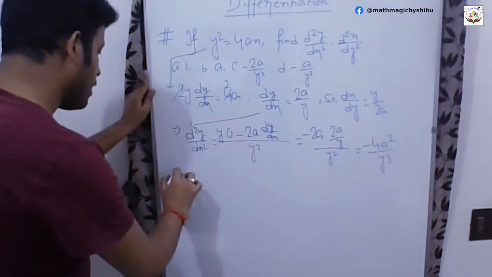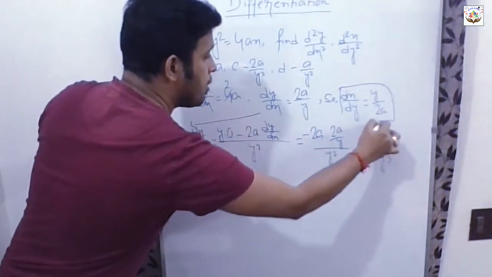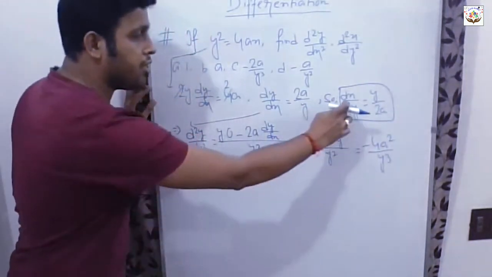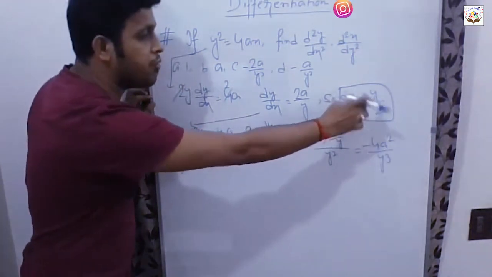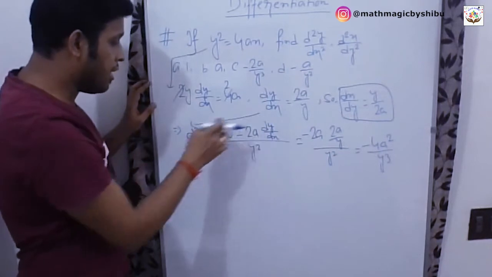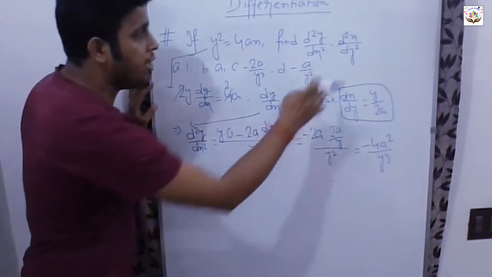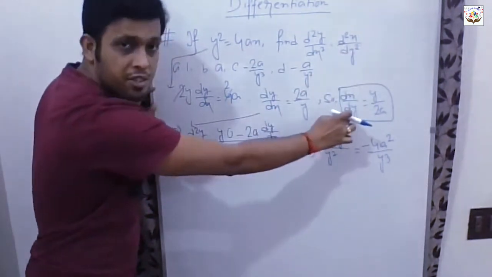Now from this part we need to differentiate both the sides with respect to y to get the d2x by dy square. As we got d2y by dx square from dy dx, we will get d2x by dy square from dx dy.